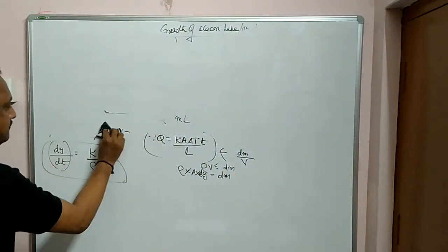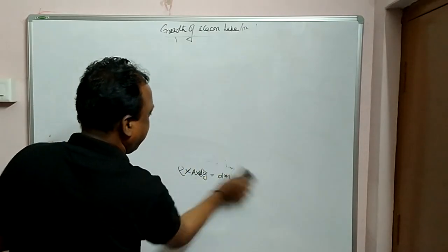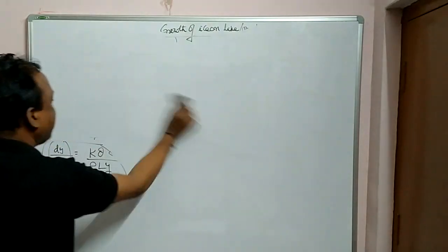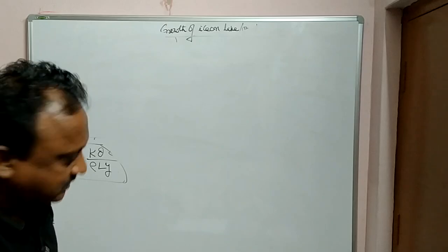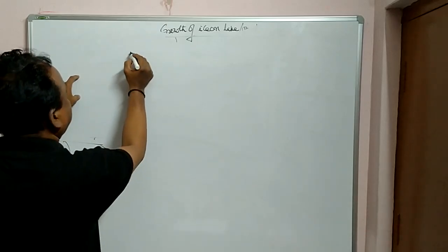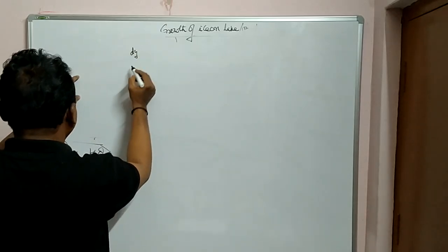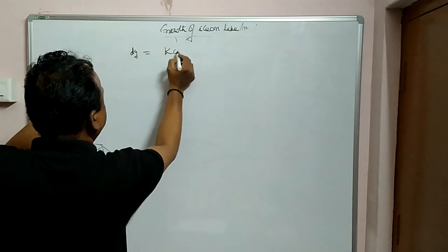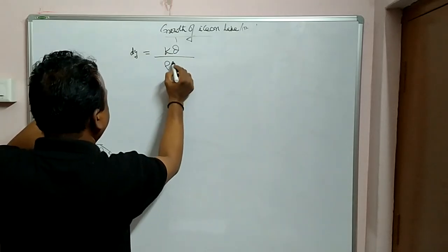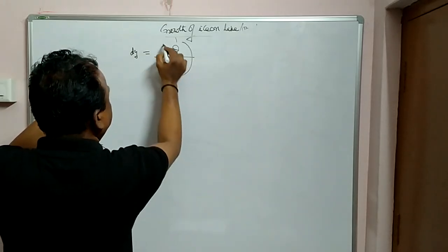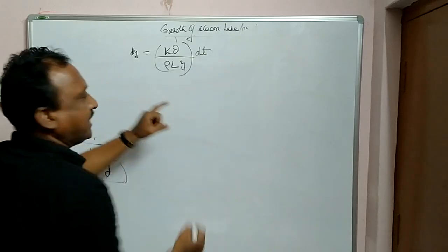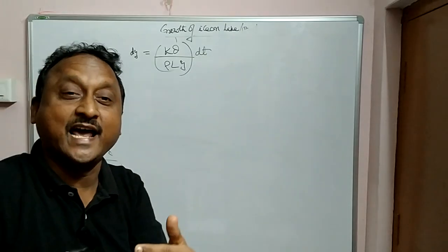Now see, in rare cases he may be asking in this fashion. This equation I can write like this: dy is equal to K theta by rho L y into dt. In advanced level, he may be asking in a time interval.